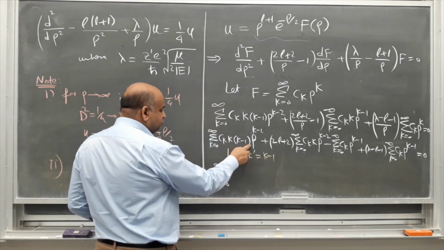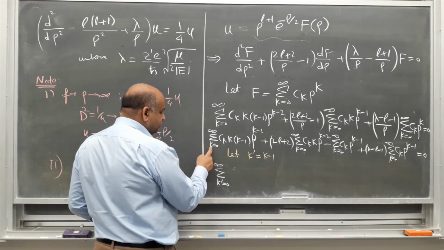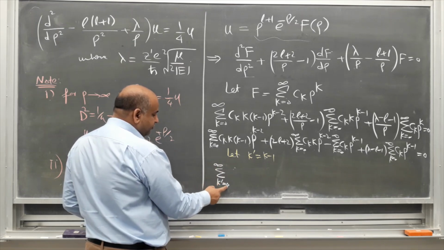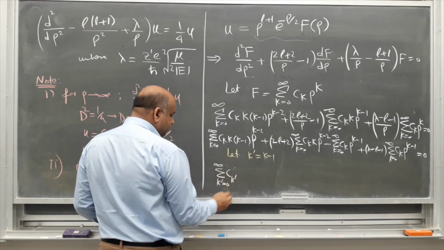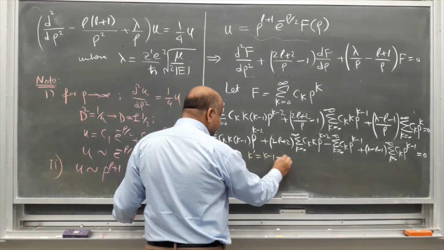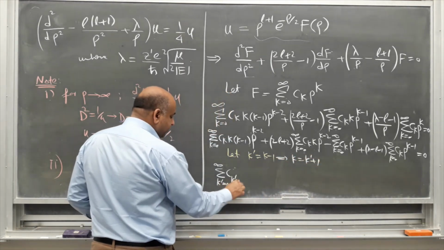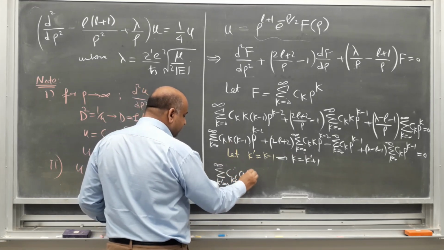Similarly, even though this one is 0 at k is equal to 1, we can choose to start this from k is equal to 1. So this sum over k prime will be k prime from 0 to infinity. This is now c k prime. So if k prime is equal to k minus 1, then k is equal to k prime plus 1. So this k becomes k prime plus 1.